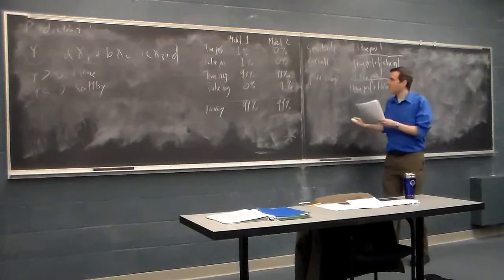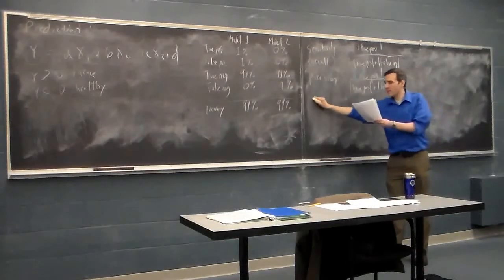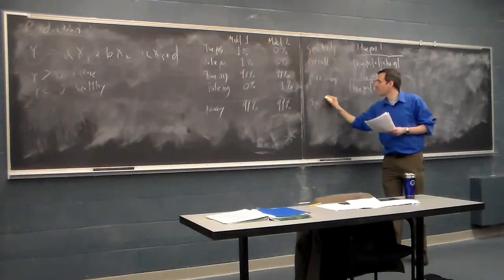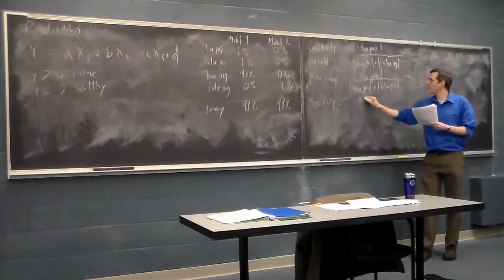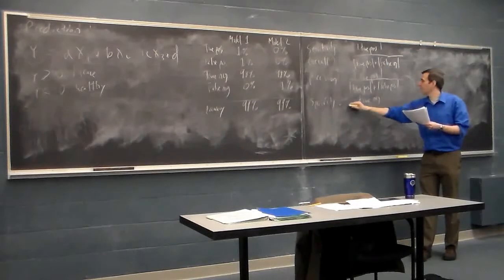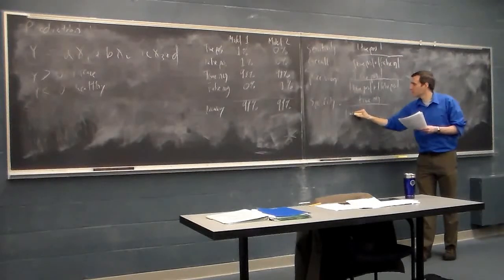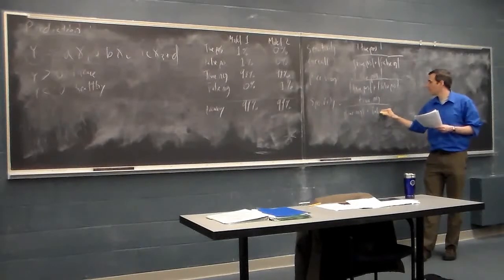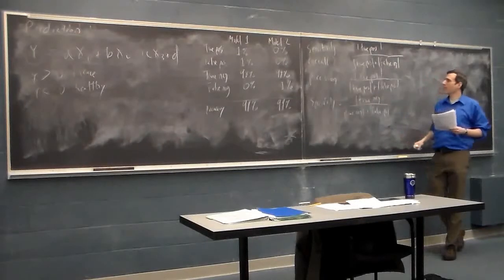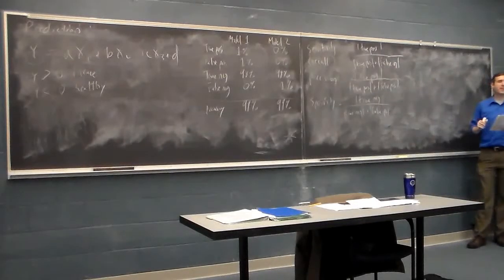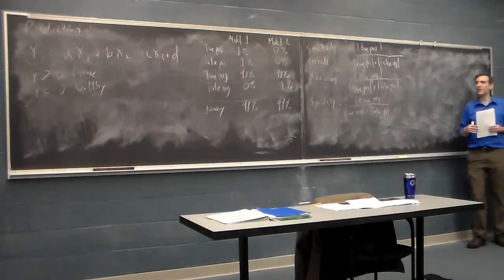You'll sometimes see, to capture the same idea, what's called the specificity. The specificity is the true negatives over true negatives plus false positives. Basically, it's capturing how often it says something shouldn't be there when it actually shouldn't be there. What fraction of the things it says shouldn't be there actually shouldn't be there.